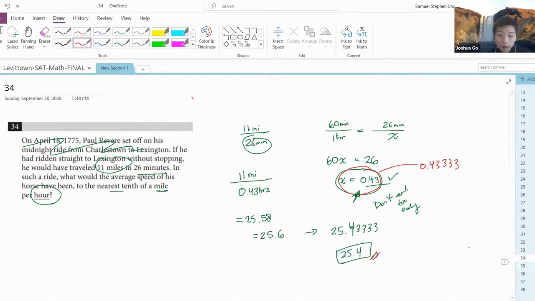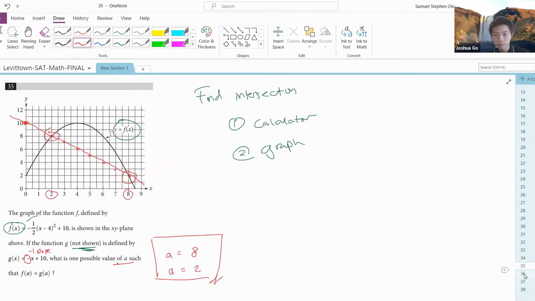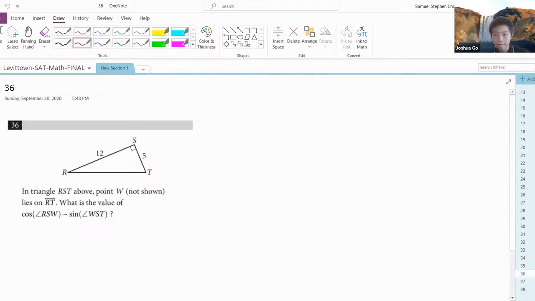And then finally the answer that you're going to round is 25.38. So my bad, this will not be here, it'll be 20. There was just a misunderstanding before. 25.38, this is just a double check with your calculator. You'll get about this answer, and then when you round it, you want the nearest tenth. That's why 25.4. Okay, let's do 36, 37, 38.